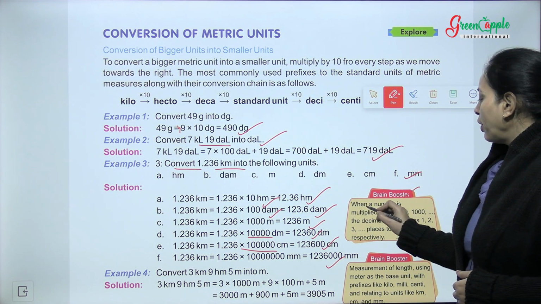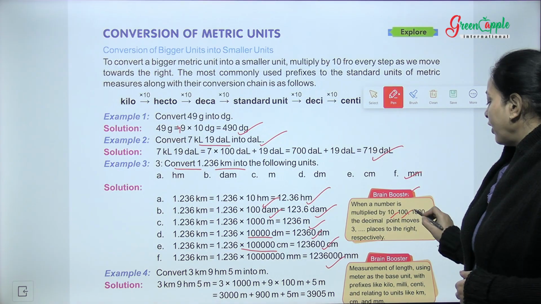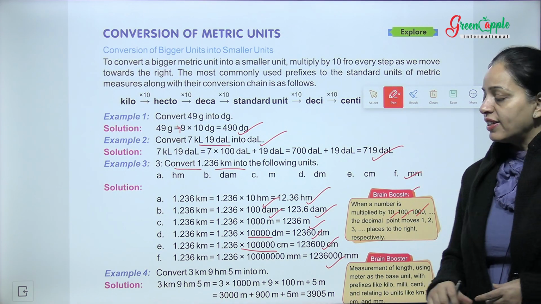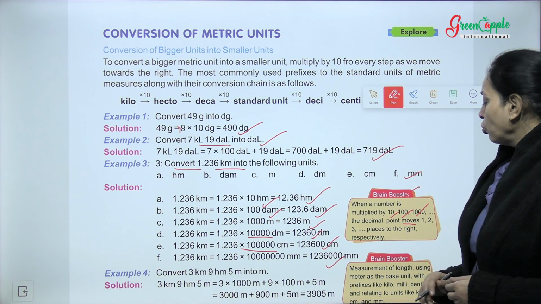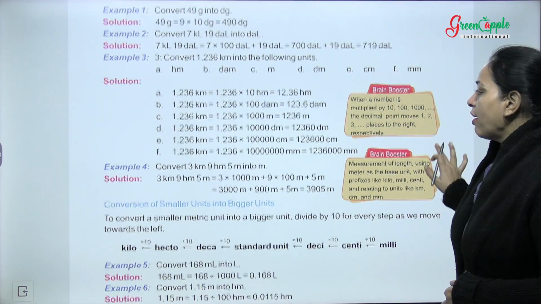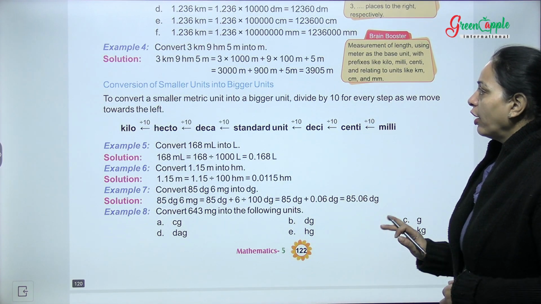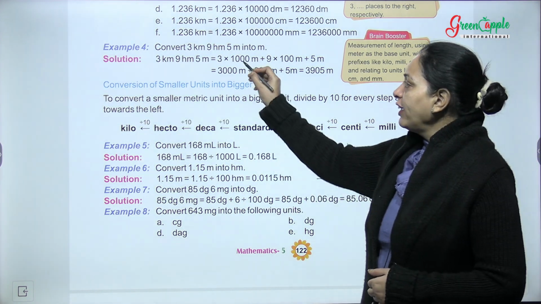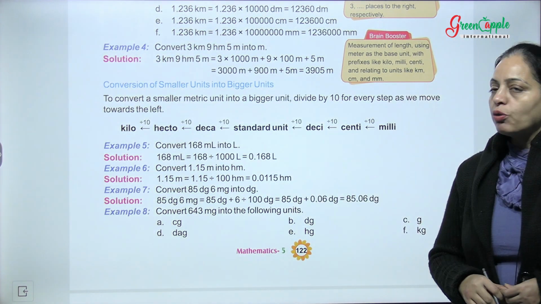Now brain booster: when a number is multiplied by 10, 100, 1000, you know very well the decimal point moves 1 to 3 places to the right respectively. Now next example 4, convert 3 kilometer 9 hectometer 5 meter into meter.